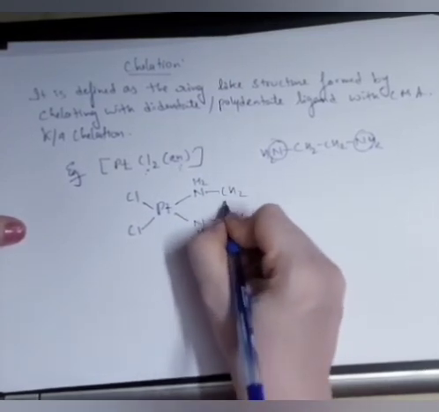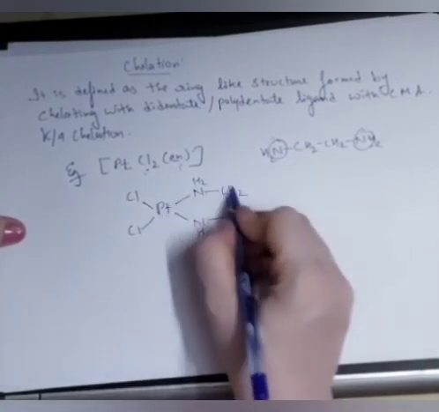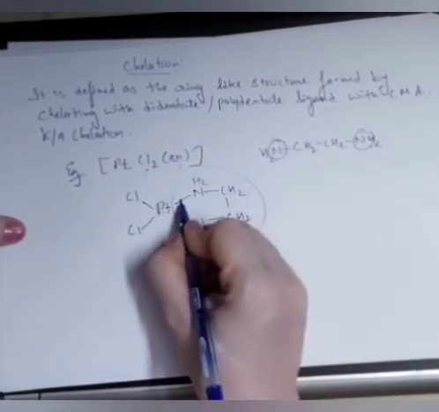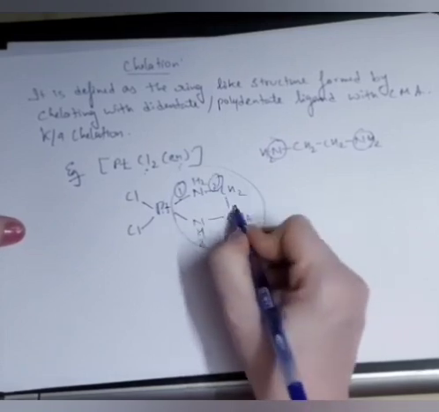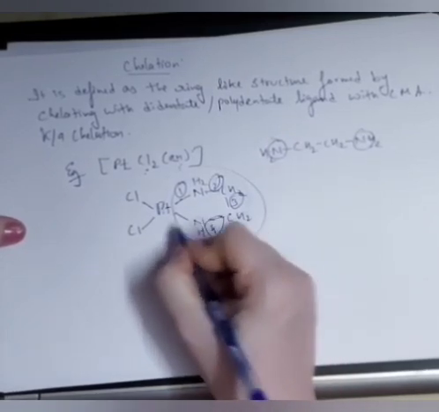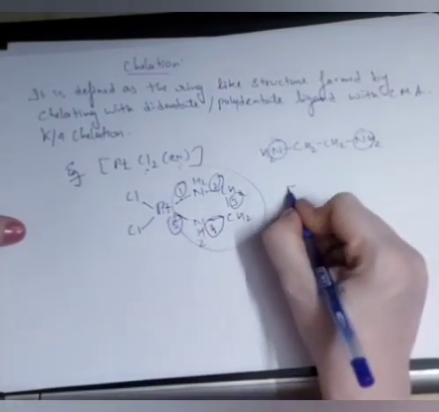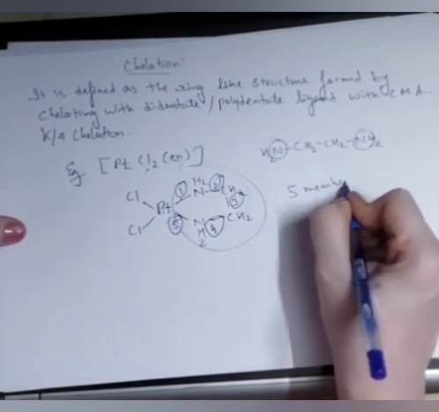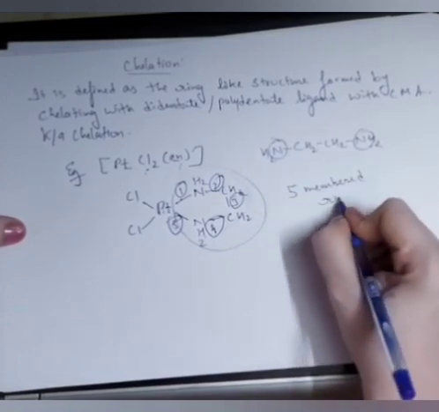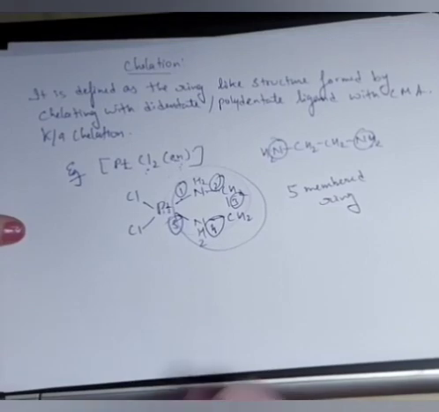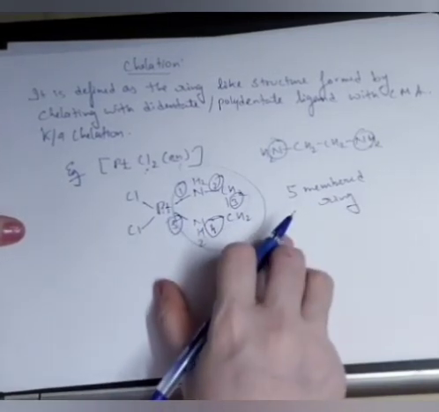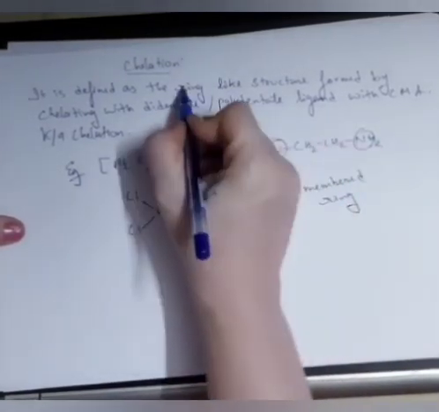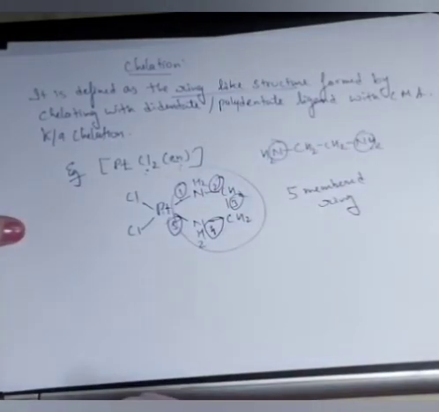And if you look here, how many bonds are in this ring? 1, 2, 3, 4 and 5. So it's a 5-membered ring. Okay. So chelation provides stability by forming a ring-like structure.